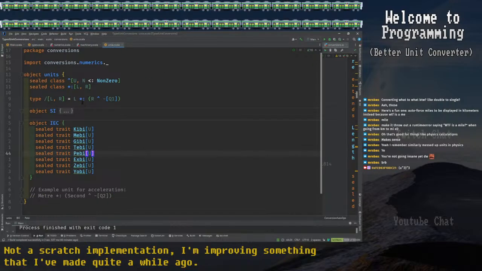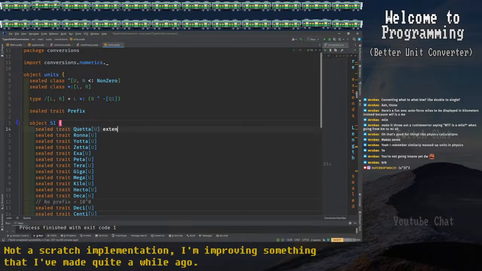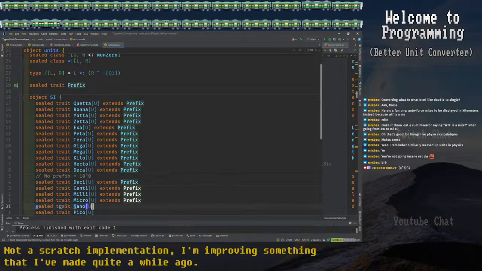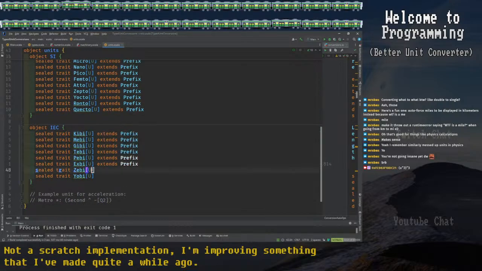How do I do this, then? Oh, I know. Is not a subtype of.